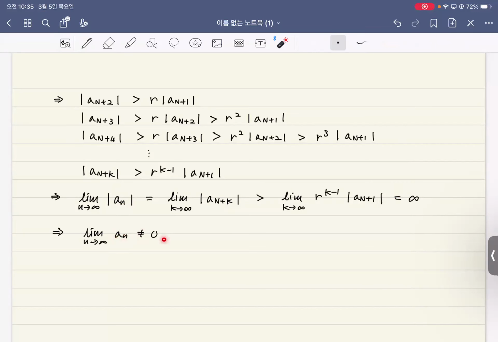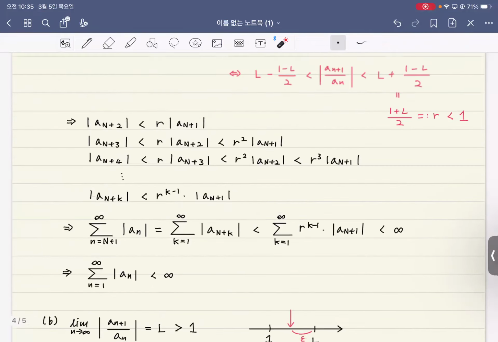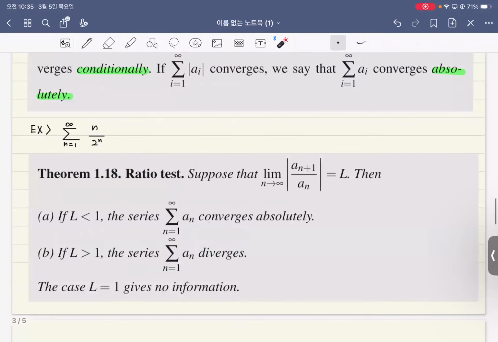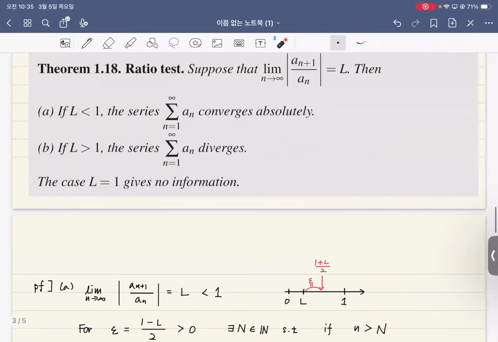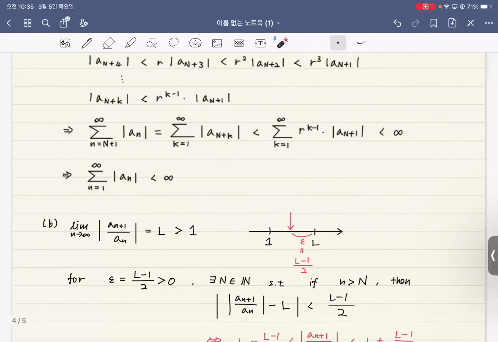And this is clearly a violation of the test for divergence. So in this case, the series should be divergent. Great.